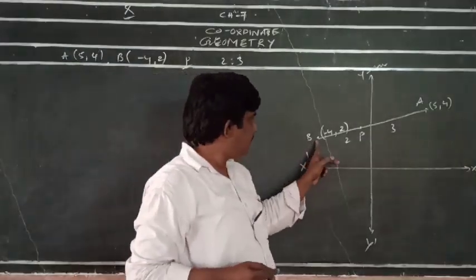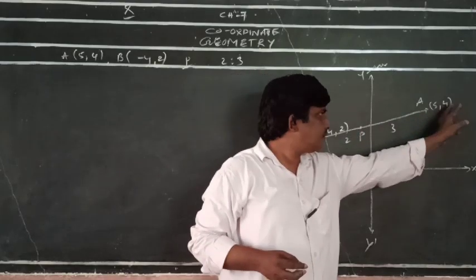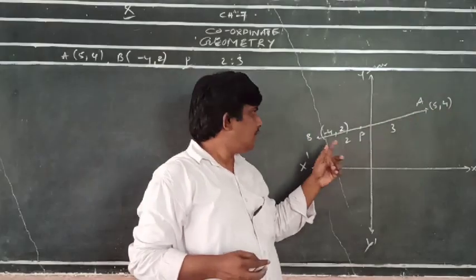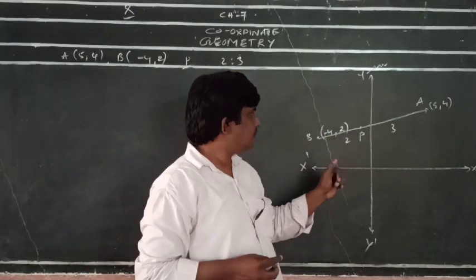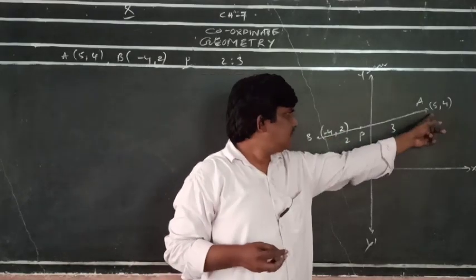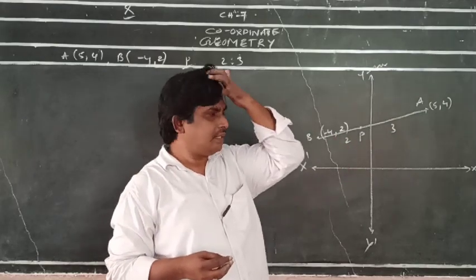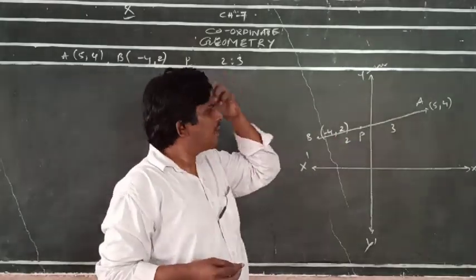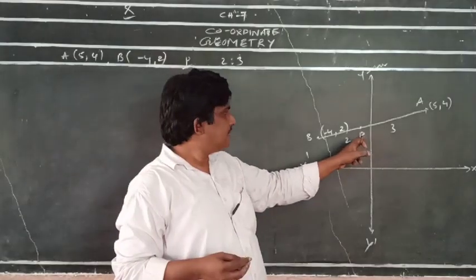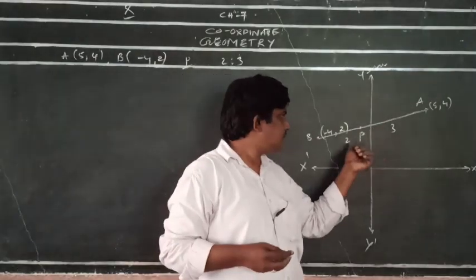Here A is (5, 4) in the first quadrant, and B is (-4, 2) in the second quadrant. This is a line segment with some measurement. We can find the length by using the distance formula. And there is a point P dividing this line segment in the ratio of 2:3.